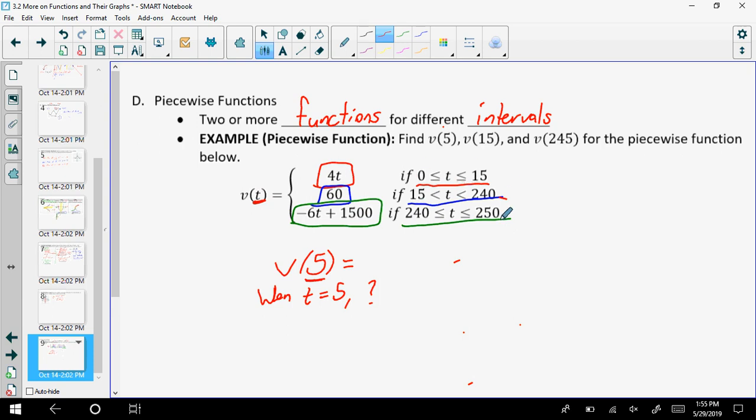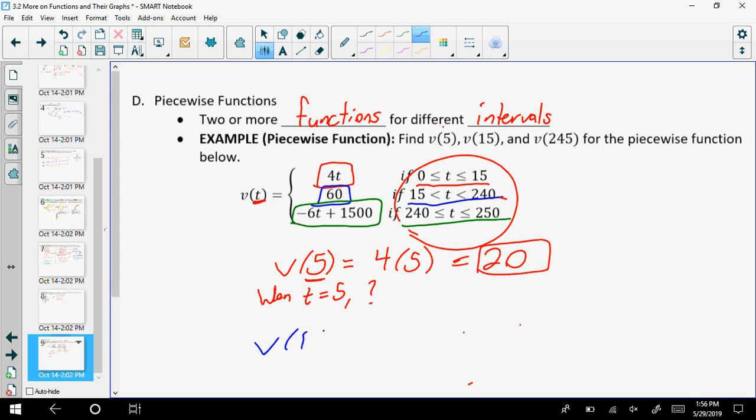Well, look at the input intervals over here. 5 is between which set of numbers? You should say, oh, it's between 0 and 15. So because 5 is between 0 and 15, I'm going to use the top function. So 4, and I'm going to plug 5 in. So v of 5 comes out to 20, and that is my value.